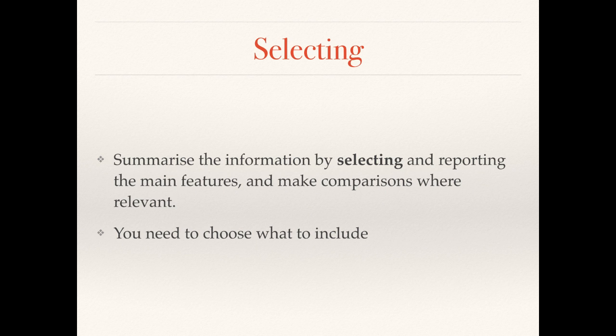This means you need to choose what to include. And what I would emphasise here is that you need to do that before you start writing. You need to decide this bit of information I think is really important, I'm going to include that one. That one, less important, I'm not going to include it.